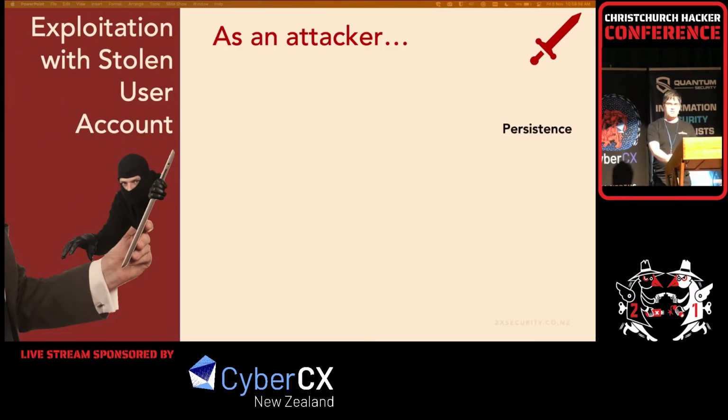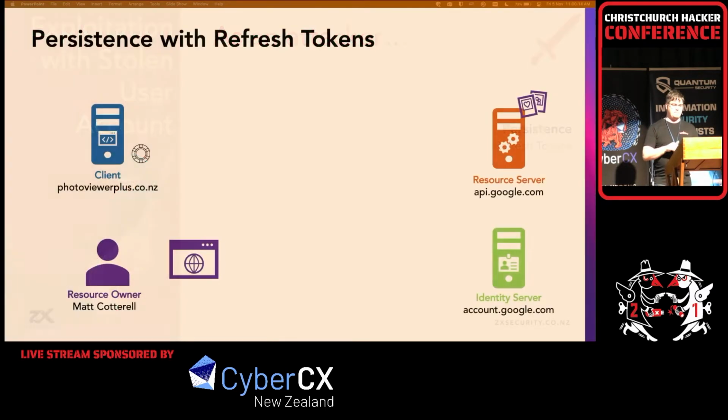We want to persist within this particular login, even if the attacker is kind of aware that something's not quite right. There's a few things we can do here to establish persistence with this. One of them is to use refresh tokens. You remember the slide where the client claimed their authorization code and they used it to get a JWT.